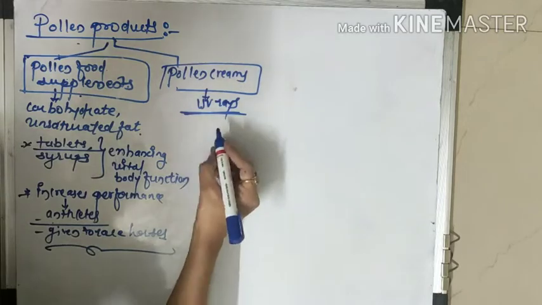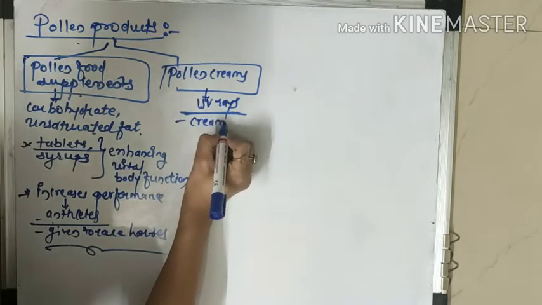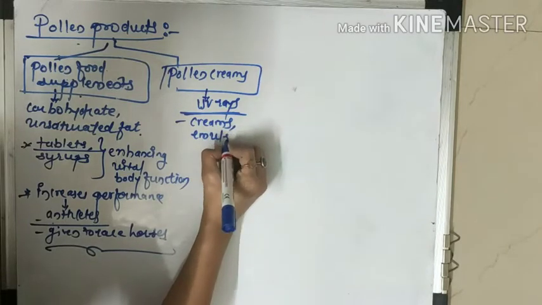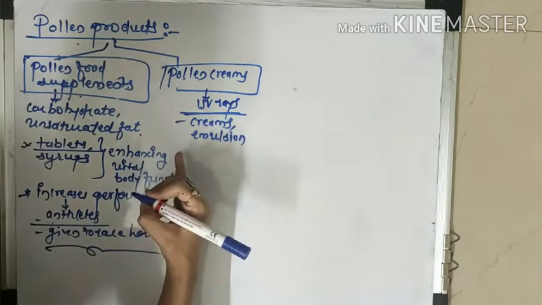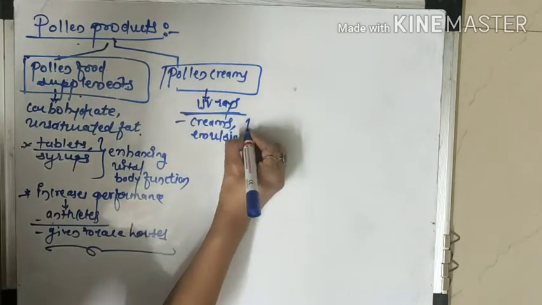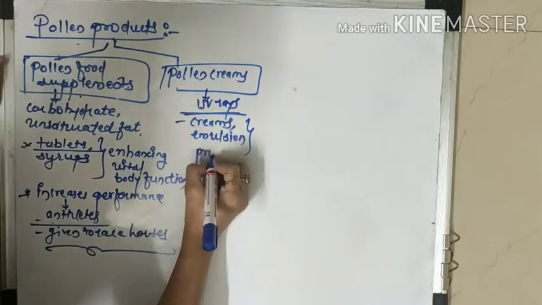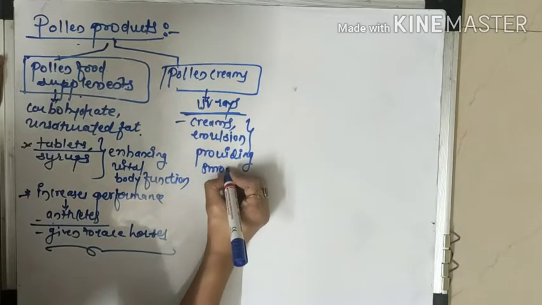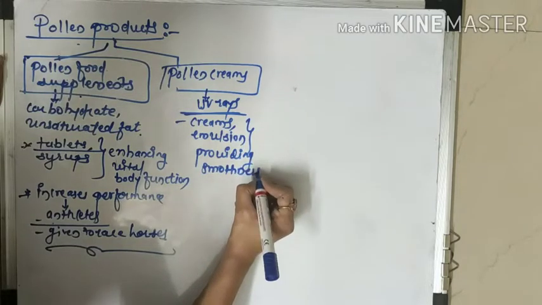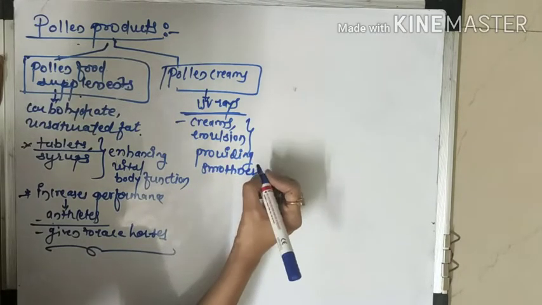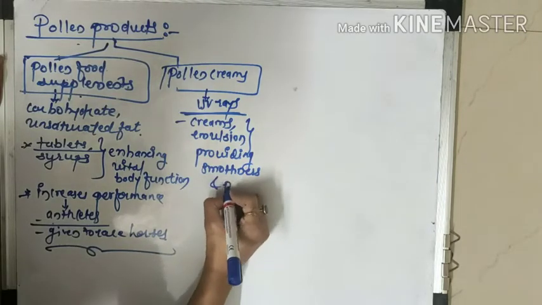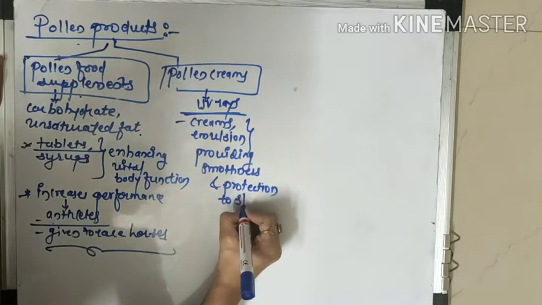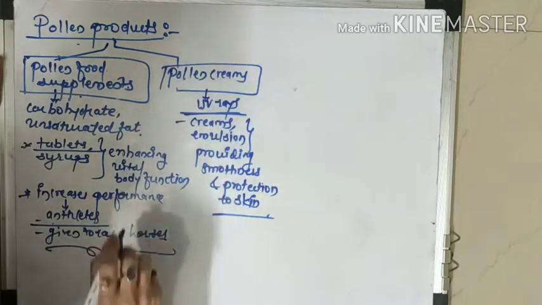That's why they are used in creams. Not only that, it's also used in emulsion for providing smoothness. This cream and emulsion provide smoothness and also give protection to the skin. That is the motive of pollen cream.